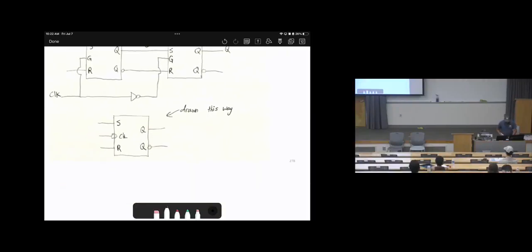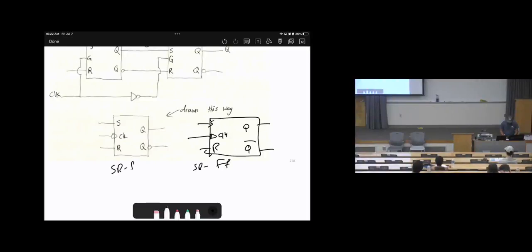Basically, it's the same as we used to know earlier, like rising edge or falling edge. Here is S, here is R, here is the clock, and here is Q, here is Q bar. Since there is a triangle shape, this is a flip-flop, an SR flip-flop.